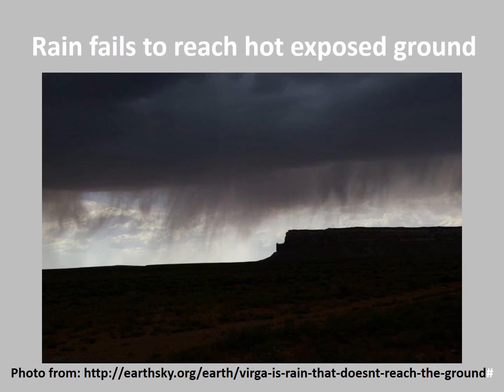Now here's an example of something I was telling Ivo about, and we were seeing as we were driving down the road. In the American Southwest, this is called a virga. This is a rain event that doesn't hit the surface of the soil.